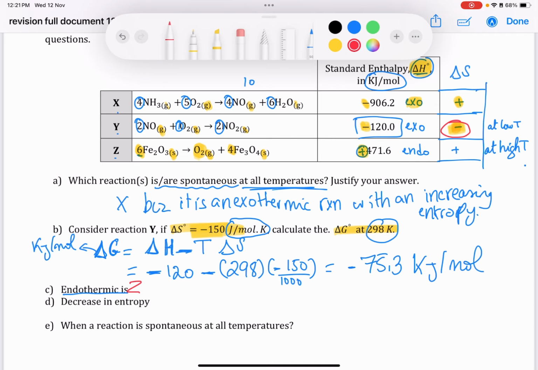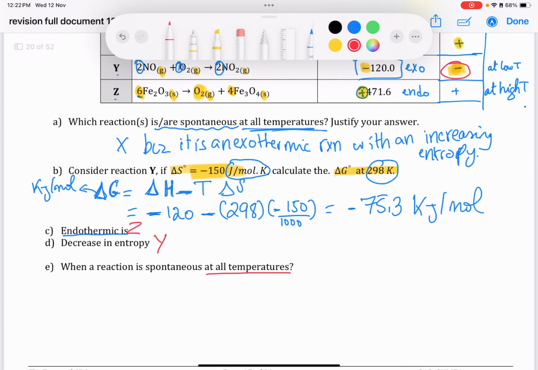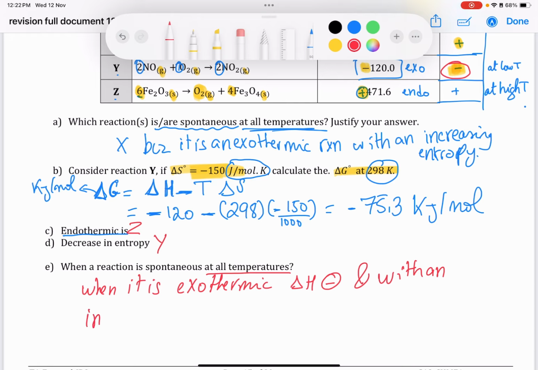That is Y. When a reaction is spontaneous at all temperatures, we just mentioned this, it is X, and a reaction is spontaneous at all temperatures when it is exothermic, meaning delta H has a negative value, and with an increasing disorder, randomness, entropy. It means when the entropy is positive. In this case, the reaction is forever spontaneous.